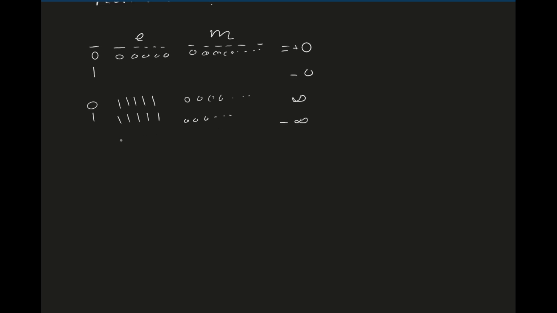And then finally, if you have a 0 or a 1 here, and you have all 1s for the exponent, and anything but 0 in the mantissa, then this is not a number.